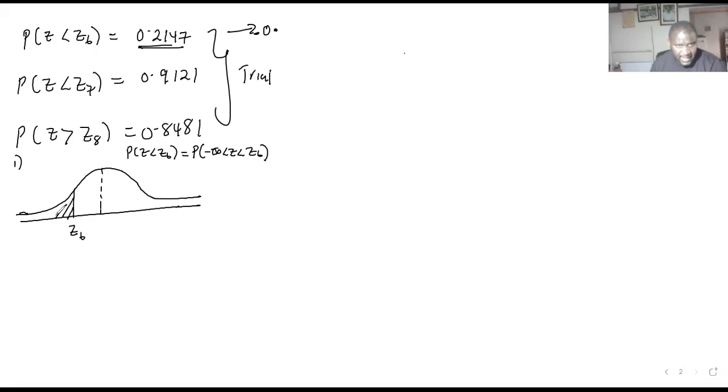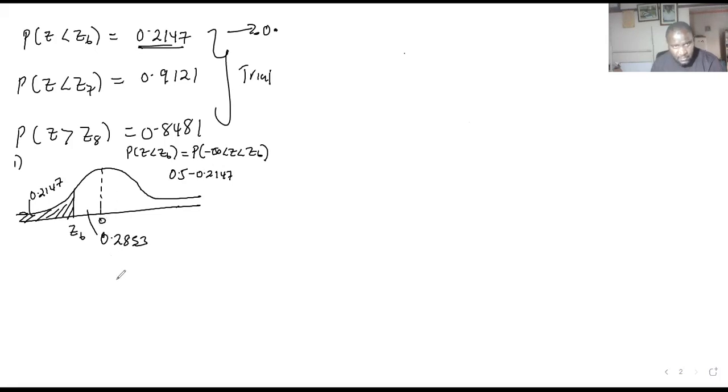When it stays this side, it means this part is 0.2147. When you subtract from 0.5, what answer do you get here? 0.2853.